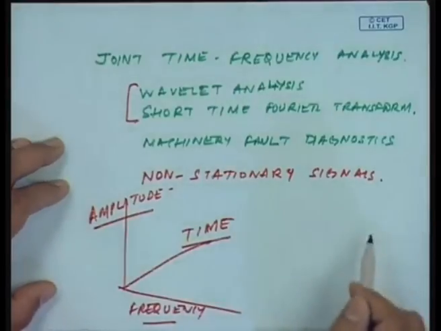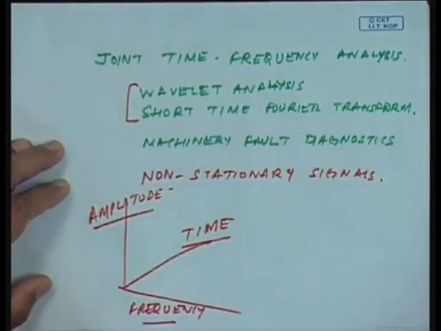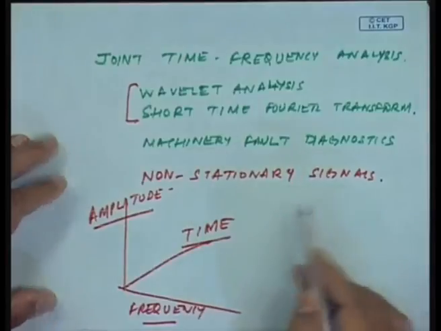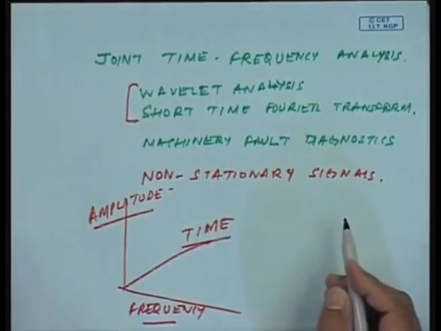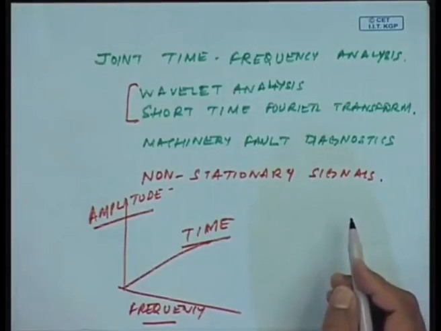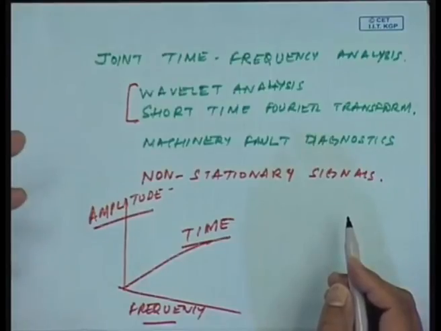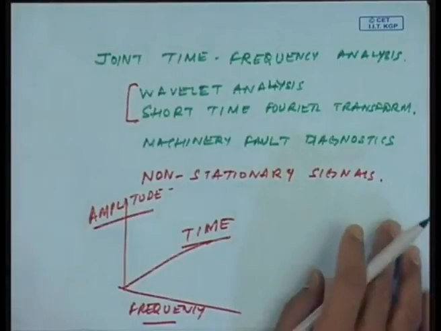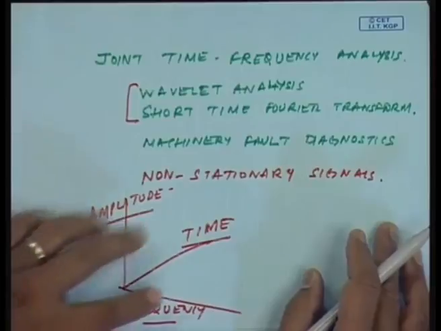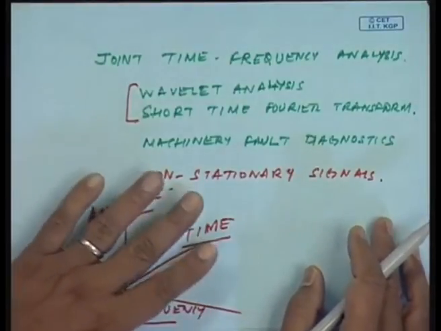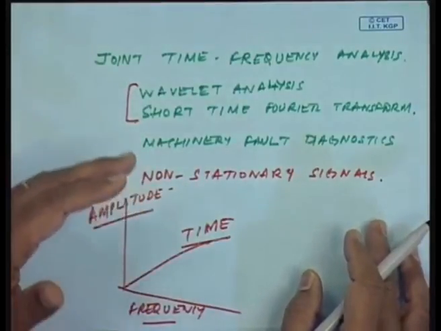And these techniques are available. I will give you examples of non-stationary signals: something breaking, cracking, impulse, door slamming, etc. These are phenomena like something hitting, rubbing. This can be very easily understood by wavelet analysis.